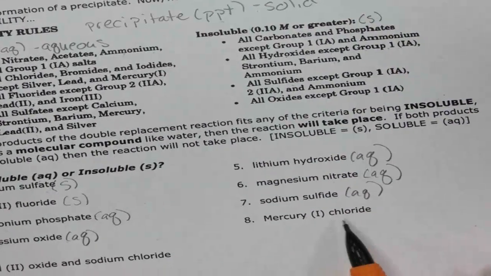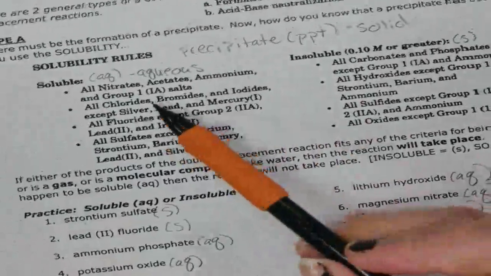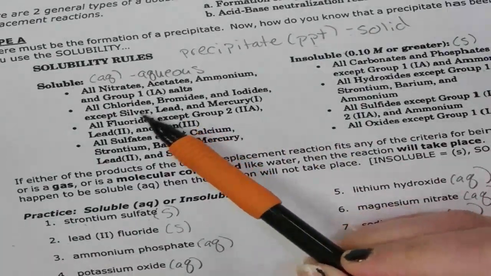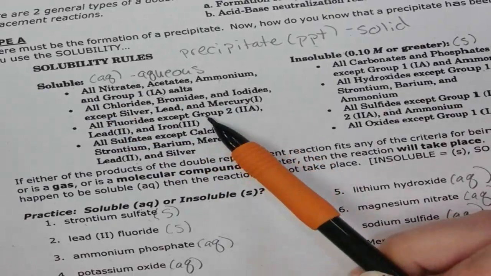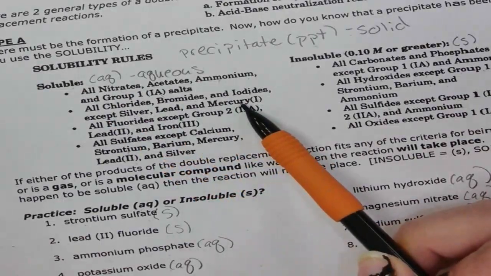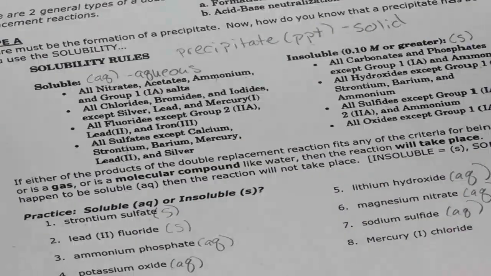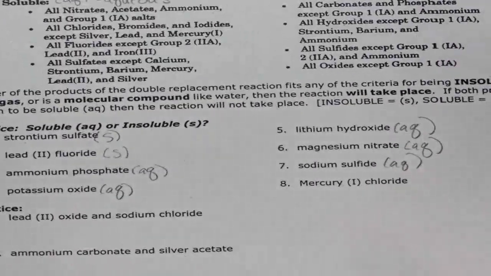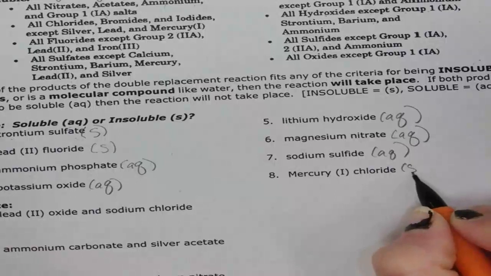Mercury 1 chloride. All chlorides are soluble except silver, lead, and mercury 1. So mercury 1 chloride is going to be insoluble.